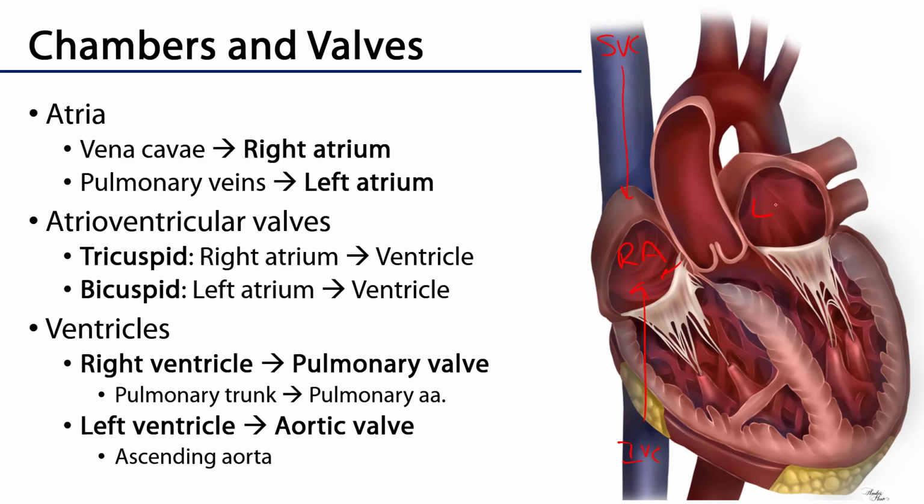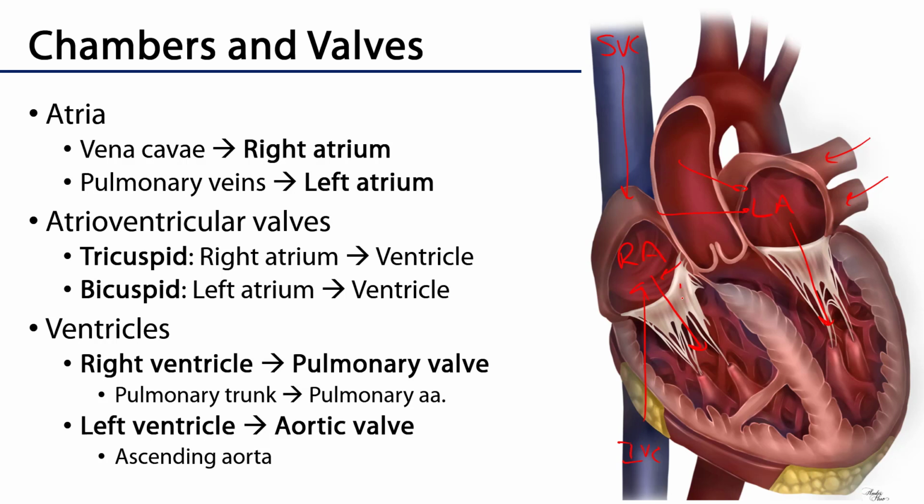There's also a left atrium, which receives blood from 4 pulmonary veins. These pulmonary veins drain the lungs of richly oxygenated blood. From the atria, blood passes through atrioventricular valves on the way into the ventricles.